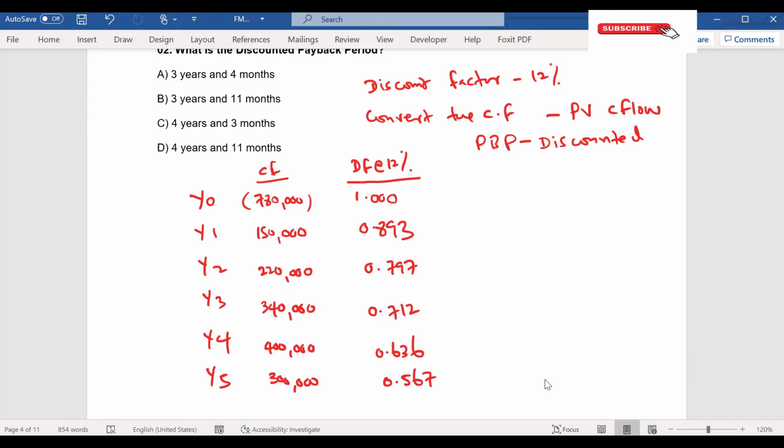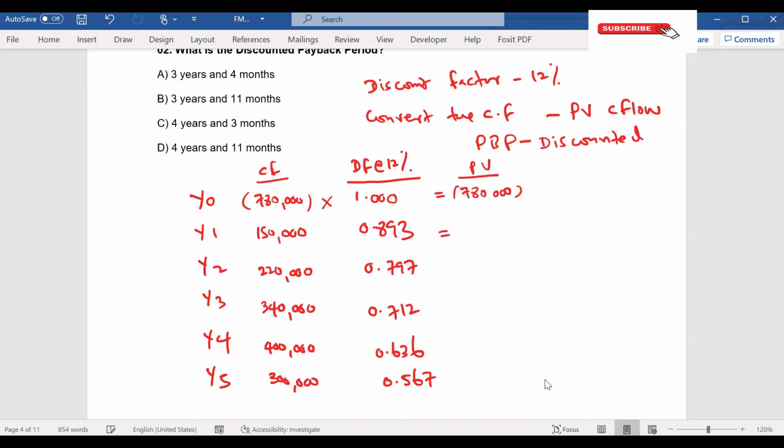Now we will calculate the present value. Present value will be the cash flow times the discounting factor. The present value of year 0 will be 780,000, there is no difference.